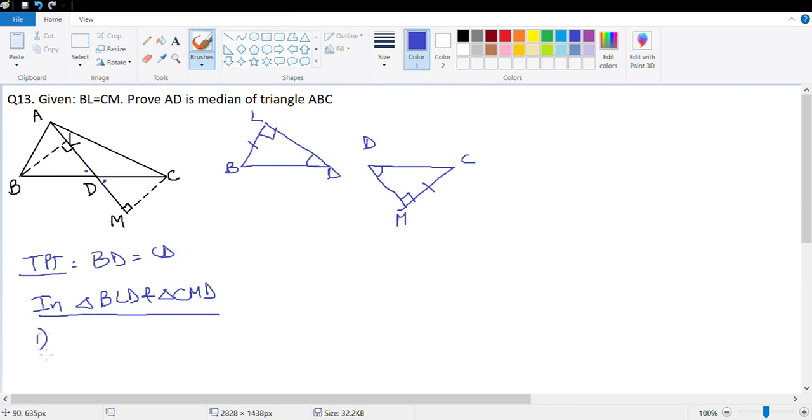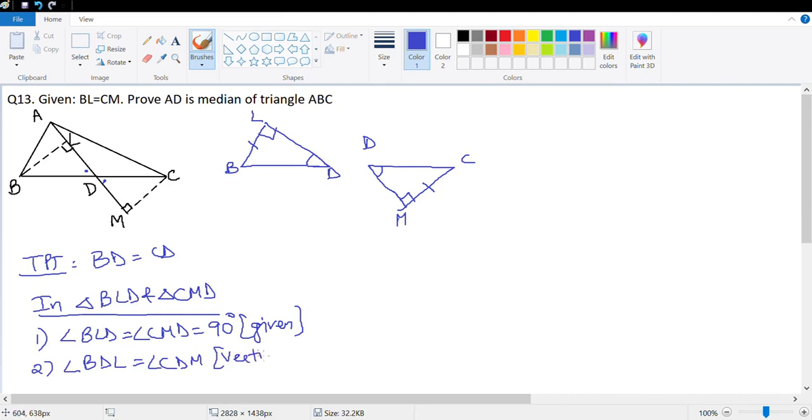So point number 1, angle BLD is equal to angle CMD is equal to 90 degree, given. Point number 2, angle BDL is equal to angle CDM. Reason, vertically opposite angles. And point number 3, BL is equal to CM, given.